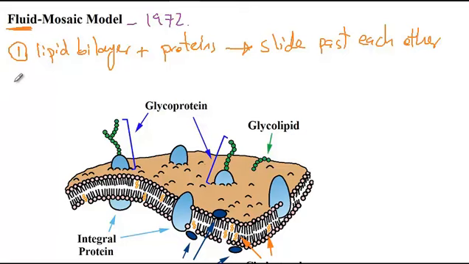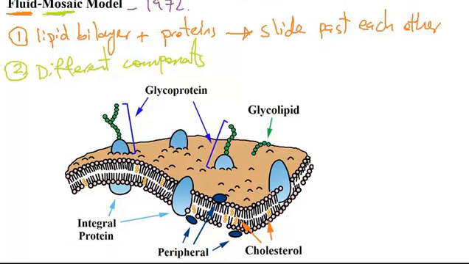And then since the plasma membrane is made of different components, like for instance, as we just discussed, phospholipids, proteins, and carbohydrates, therefore, this model describes the plasma membrane as a mosaic structure. So here we have a mosaic model, fluid mosaic model.